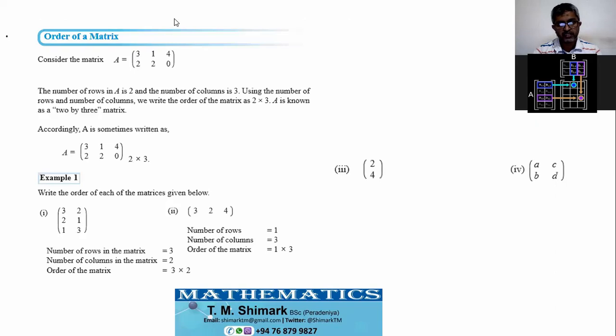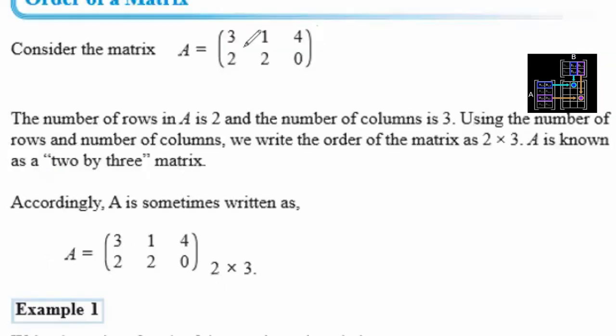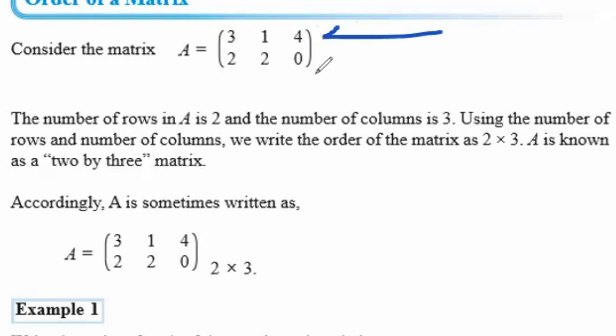Order of matrix, let's see. Now consider this matrix. We can see the rows: row 1, row 2, and then column 1, column 2, column 3. So there are 3 columns and 2 rows.